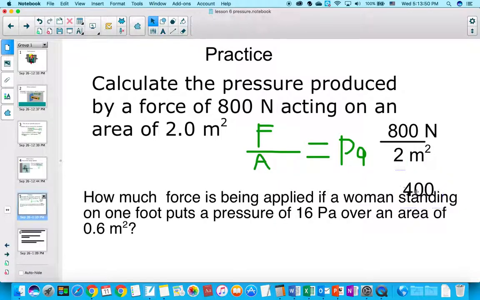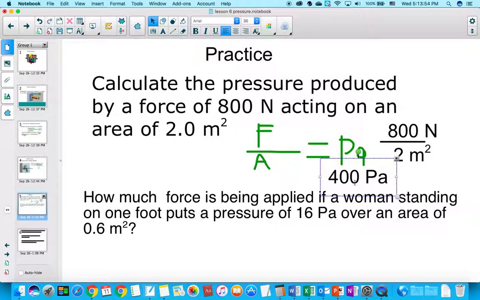So you have a pressure of 400 what? Pa. Never forget your units. I sometimes do myself, but for questions on tests and assignments, make sure you apply your units, because I won't know what you're talking about, and I don't know if you mean centimeters, meters, milliliters, and so on. So make sure you add your units.